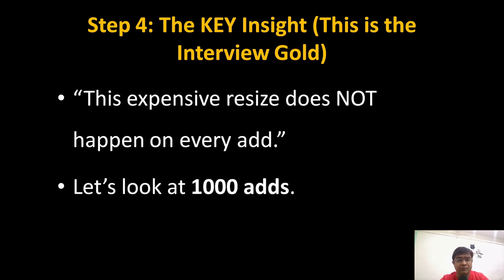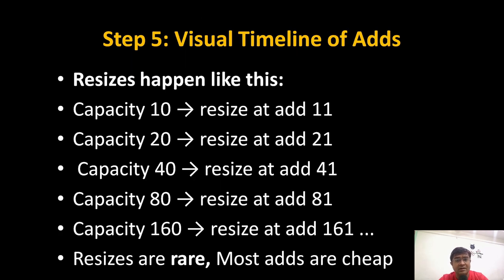Let's look at an example where you have an ArrayList of size 1,000. With capacity 10, the resize happens at 11. Similarly, with capacity 20, the resize occurs at add 21, and so on.